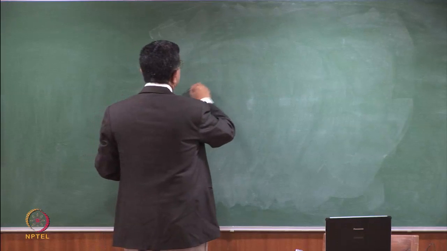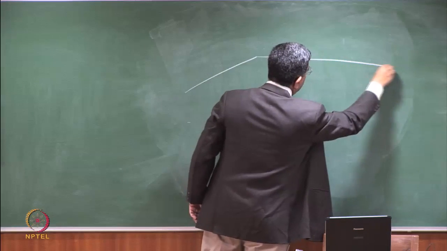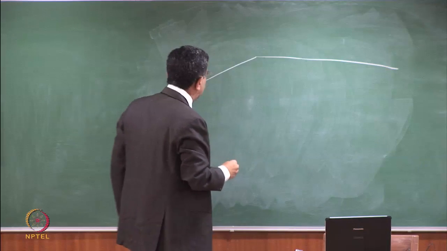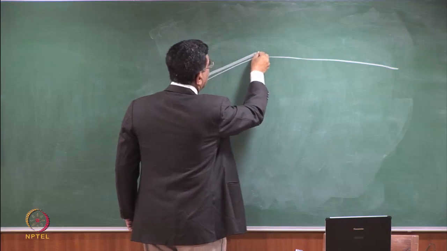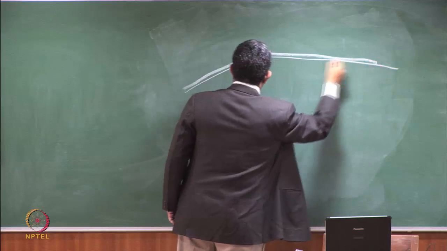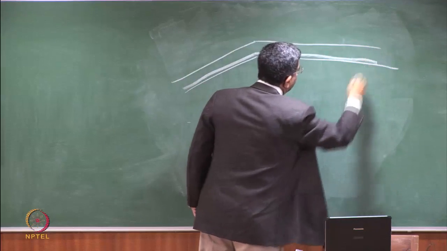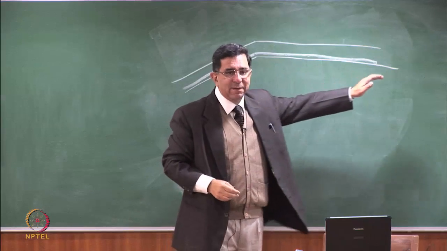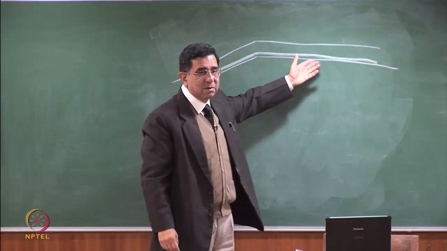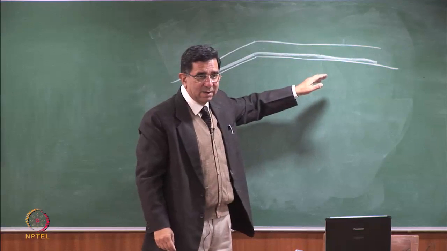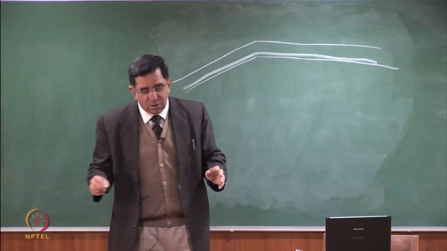The simple thing is, if you have a lot of horizontal length available to you, here is your geomembrane coming up. You take it horizontally. There is cover soil at top. You keep on taking it till you get the capacity. After all, what is this capacity? Q tan delta, right? So this is called horizontal anchorage.